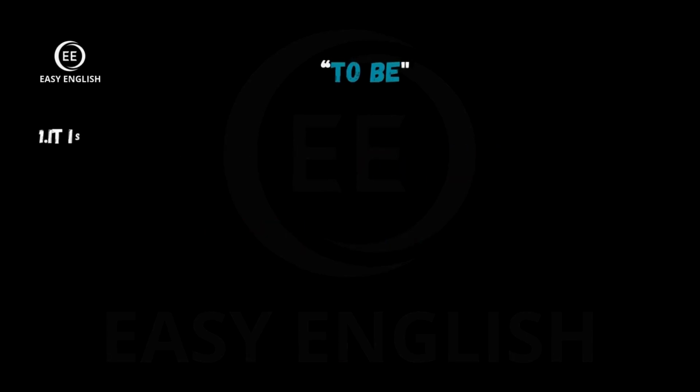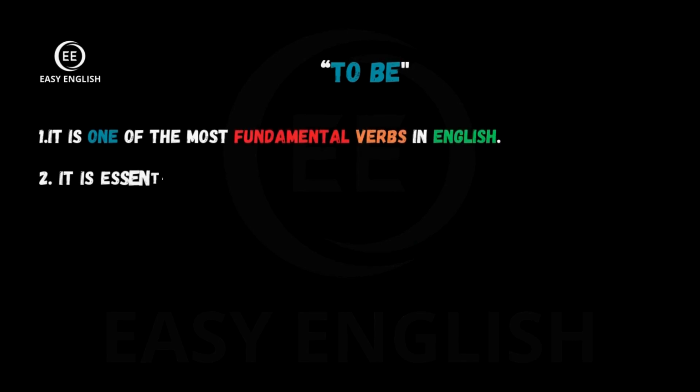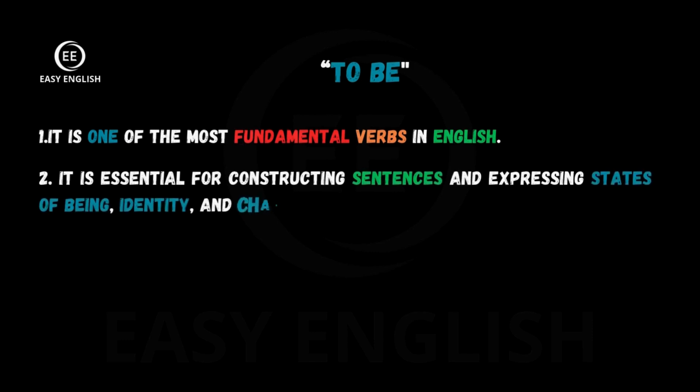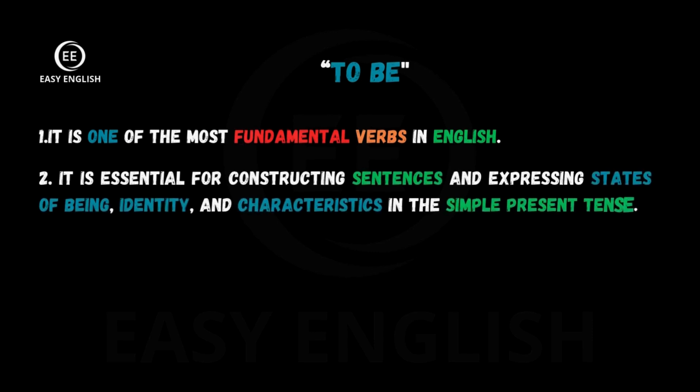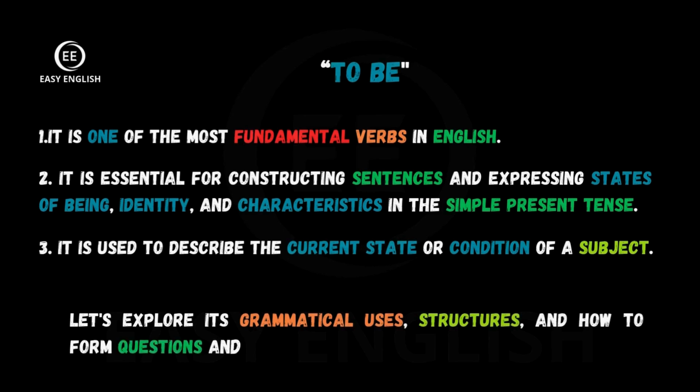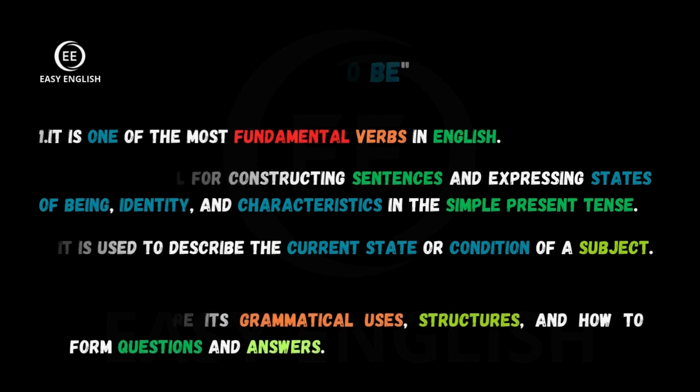The verb to be in simple present. The verb to be is one of the most fundamental verbs in English. It is essential for constructing sentences and expressing states of being, identity, and characteristics in the simple present tense. It is used to describe the current state or condition of a subject. Let's explore its grammatical uses, structures, and how to form questions and answers.